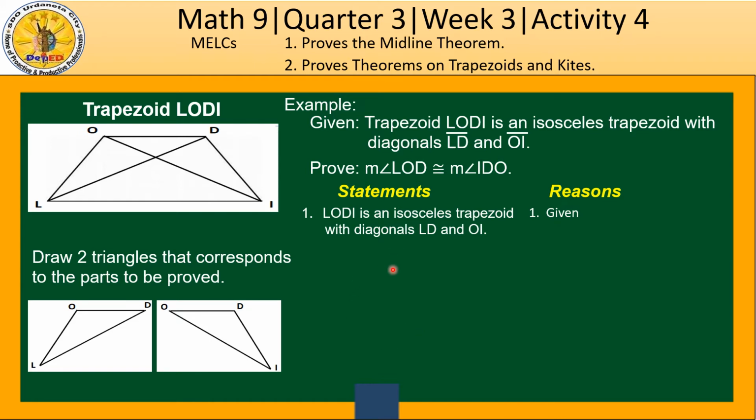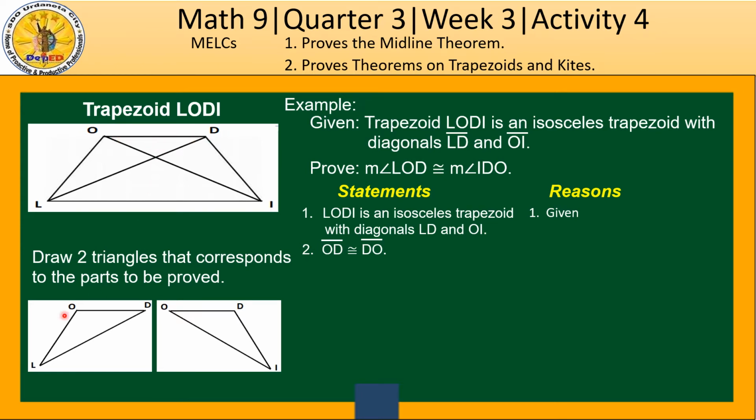Number 2. We have here OD and OD. Side OD is congruent to side DO. If we go back to our main figure, this is the upper base.